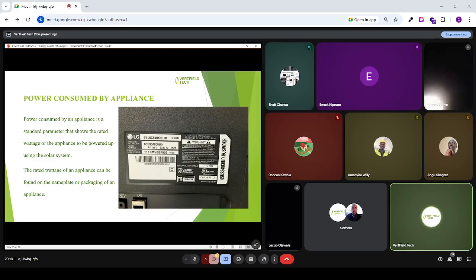What is the nameplate? The nameplate is that position or portion on the body of your appliance that contains the complete details of your appliance. It will contain the name of the appliance, the serial number, the IMEI number, the country of make, the shipping details, voltage, current, wattage.